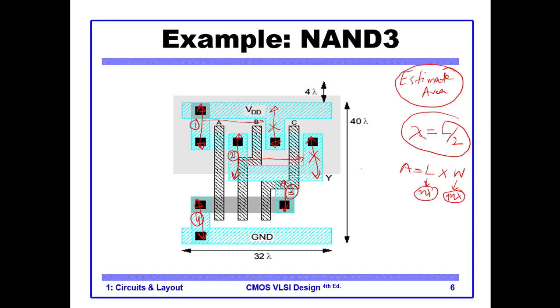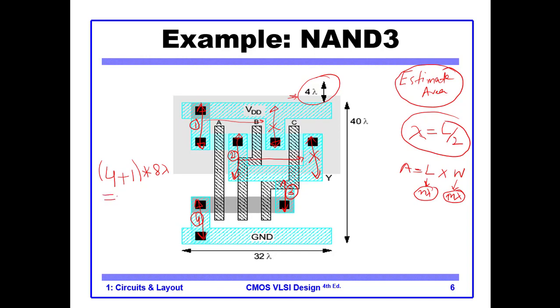You see there is some space here which says 4 lambda. So basically you calculate all the metal layers, which comes out to be 4, and you add 1 for this adjustment of our VCC line, and you multiply this with 8 lambda.